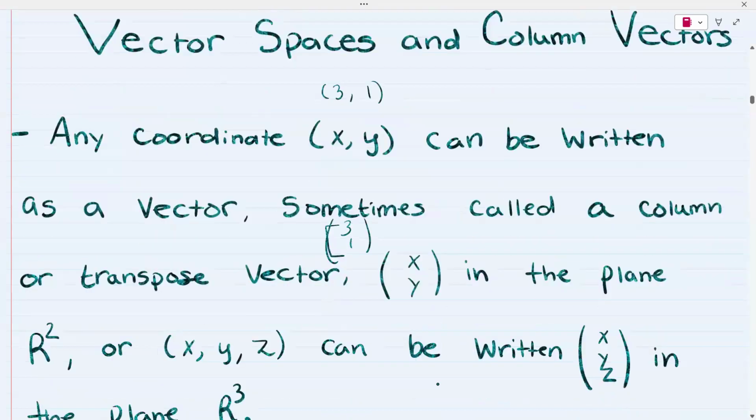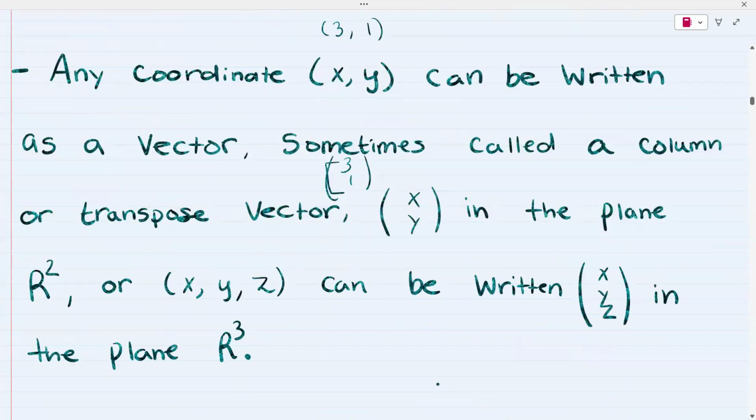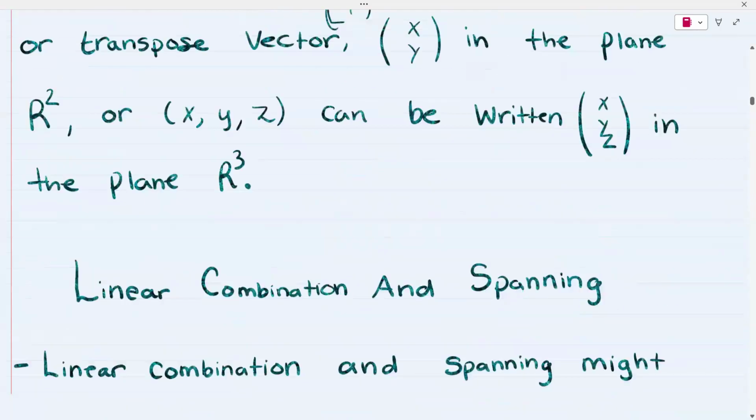You can also have a three-dimensional vector. I'm not going to do too much about three dimensions. You'll learn this more in Calculus 3. For example, the vector x comma y comma z can be written as x, y, z in R cubed.